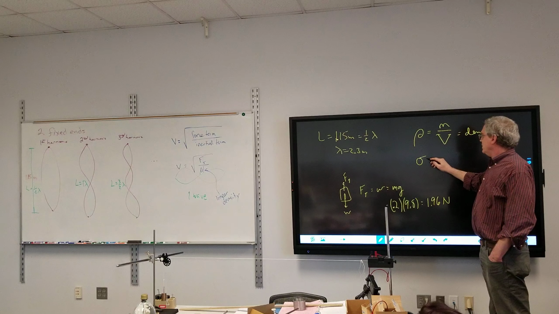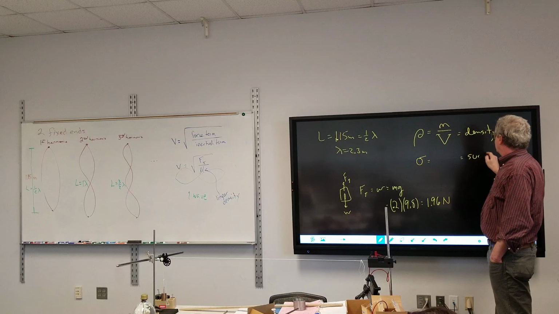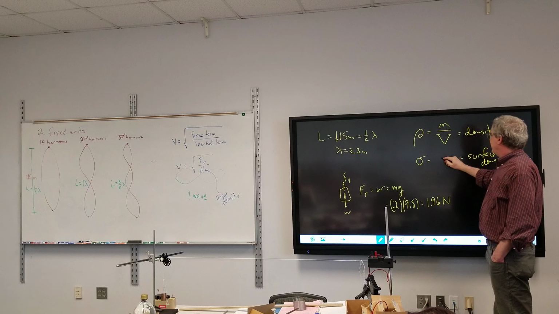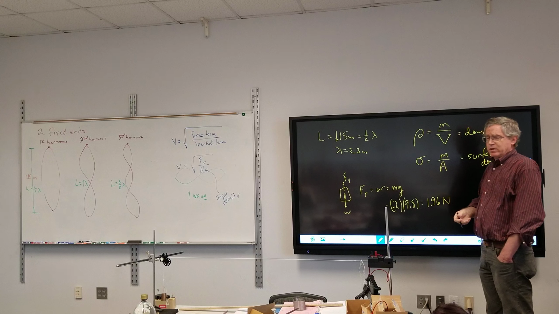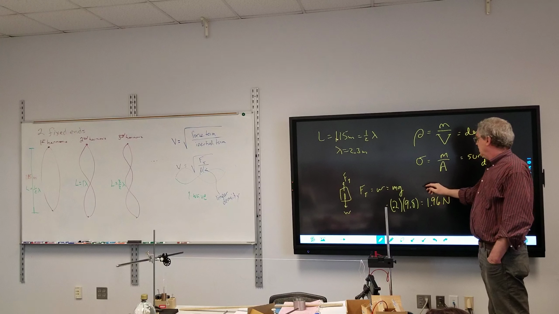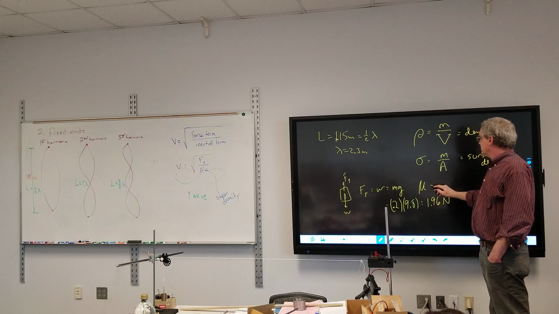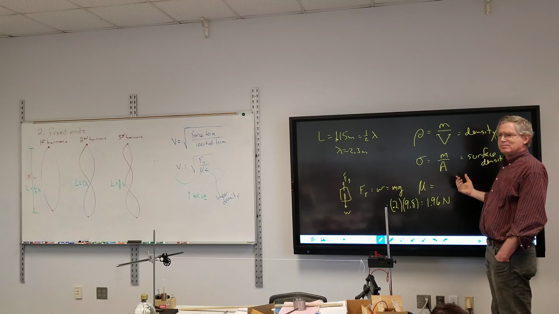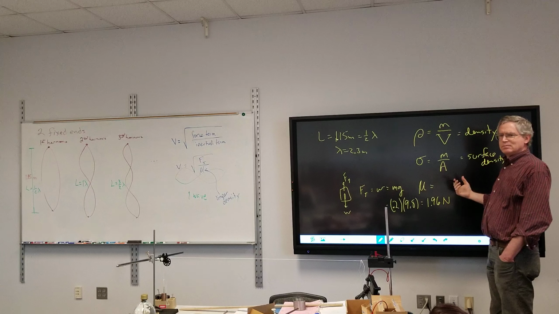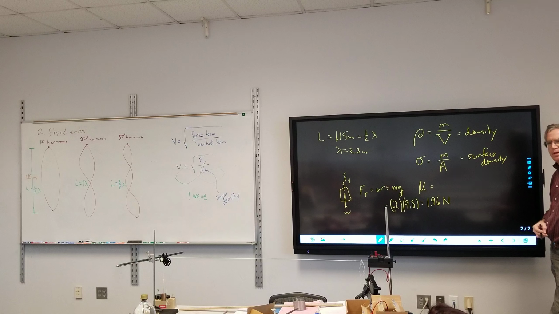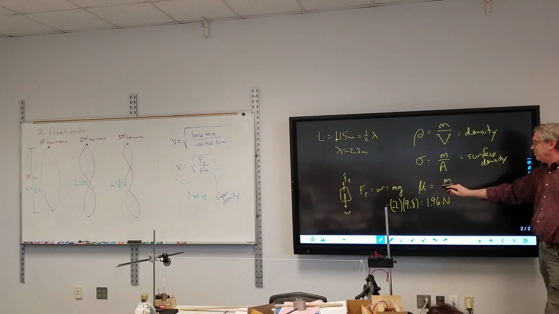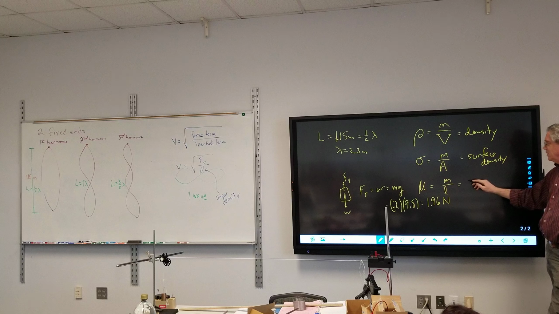If we had surface density, then that's mass divided by the area of the surface. If we're doing linear density, mass divided by what? Distance. Yeah, or length. Mass divided by length. This is linear density.